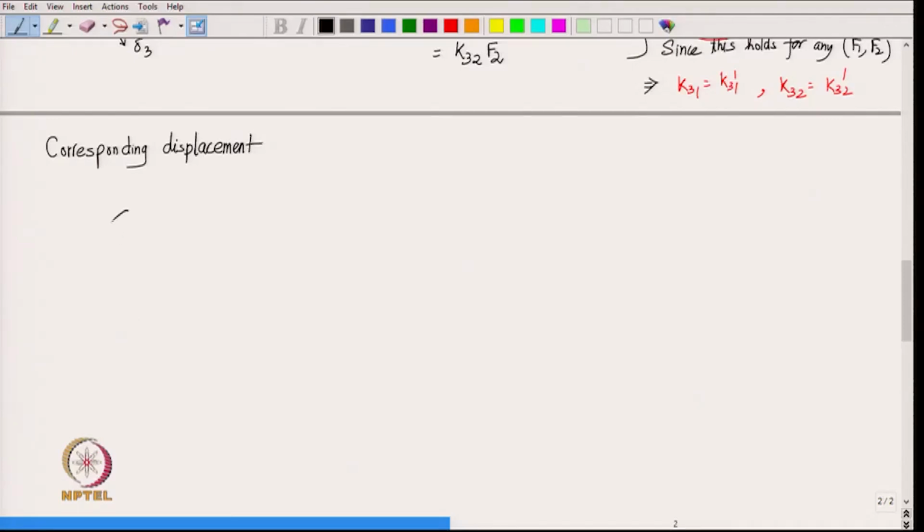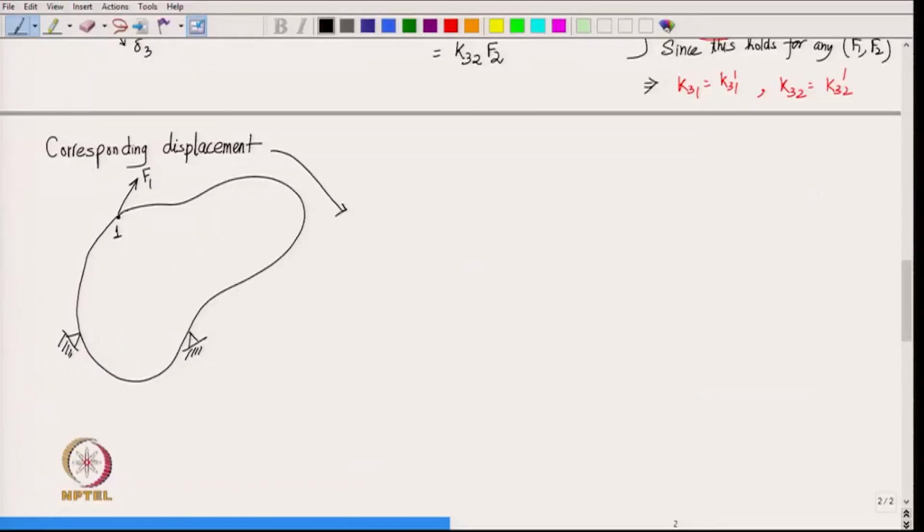So, again let us think of our arbitrary body, and it is clamped at some point, and you are applying force at point 1 in some direction, and suppose I want to measure the displacement at the same point and in the same direction, then that is called corresponding displacement. The displacement at the same location and in the same direction of the applied force.